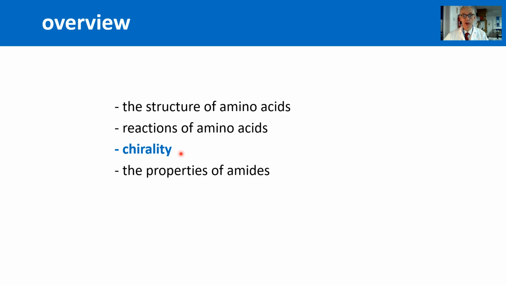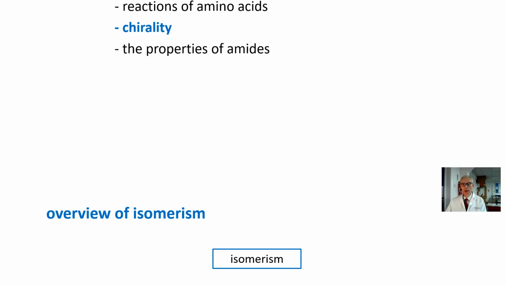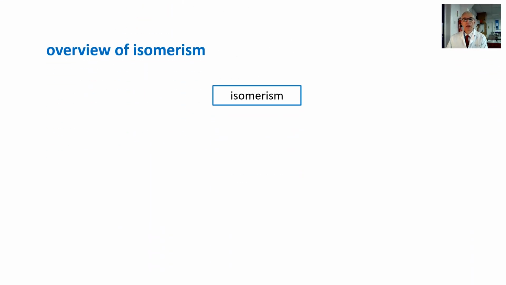Next, we want to talk about chirality, also known as optical isomerism. Before we discuss chirality, optical isomerism, an overview of isomerism so far at A level is probably advisable.